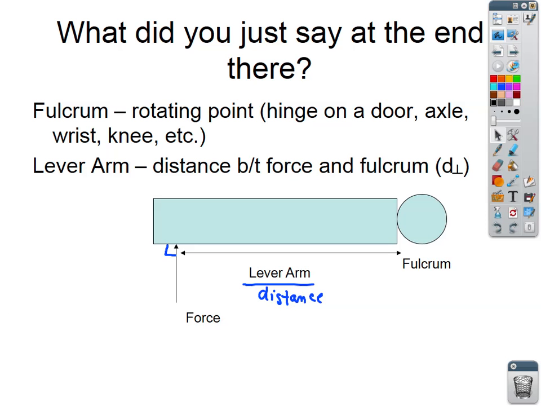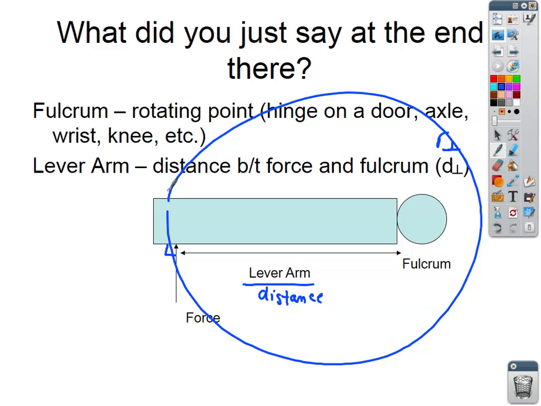In our formulas, you're going to see this as D perpendicular or R perpendicular, depending on how they illustrate it. I like to use D perpendicular, but on your formula sheet, it's written as R perpendicular, the radius from that fulcrum, because technically, if I rotate this all the way around, I'm going to make a circle. So that's why I still say radius.